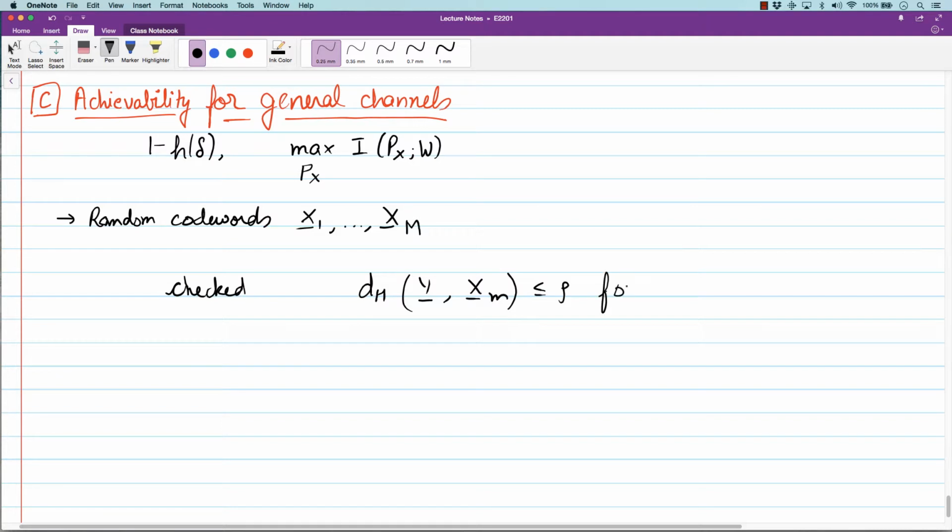If we found one unique m for which this holds, then we decoded that m. Otherwise, we declared an error.